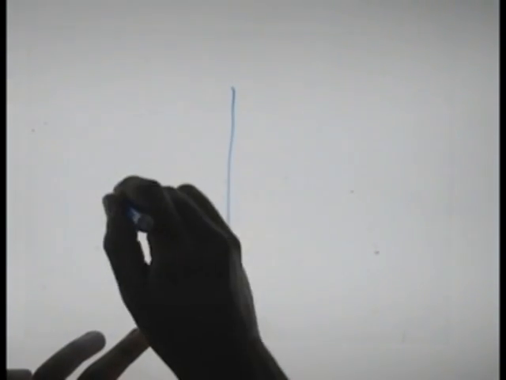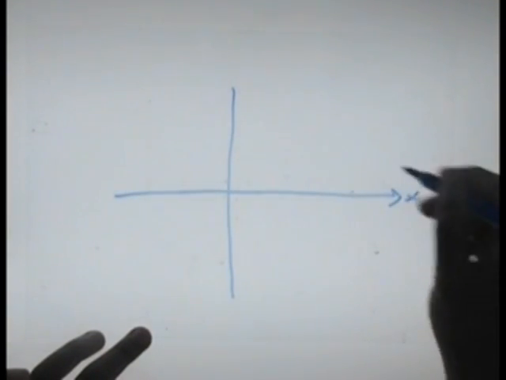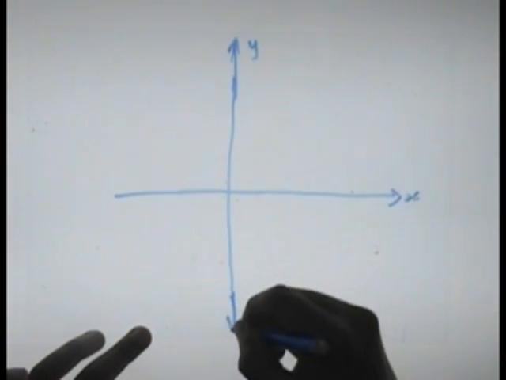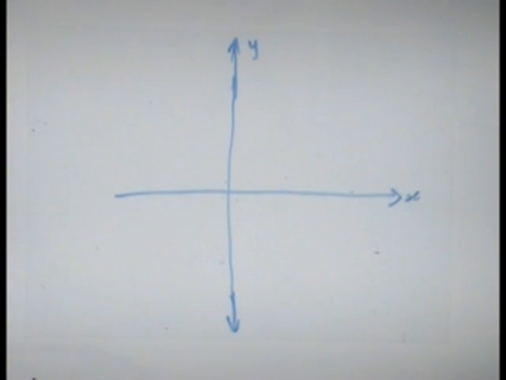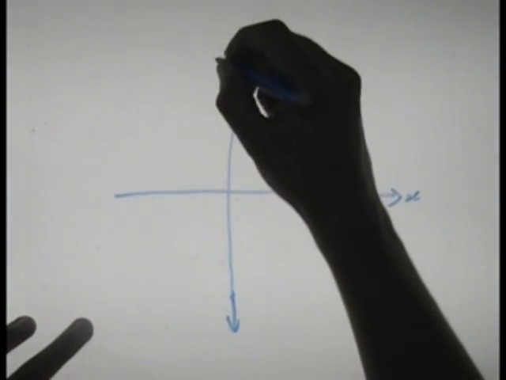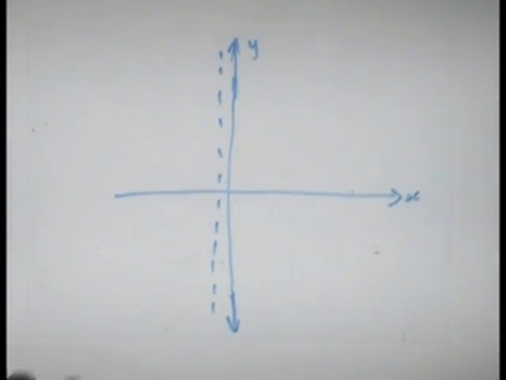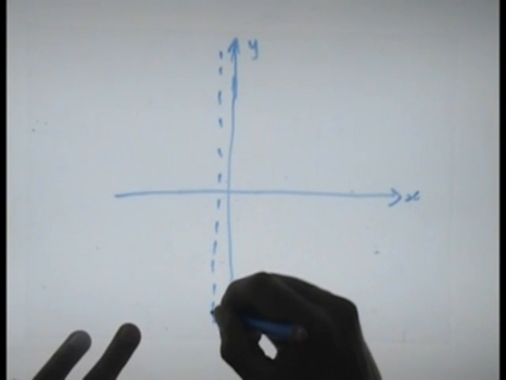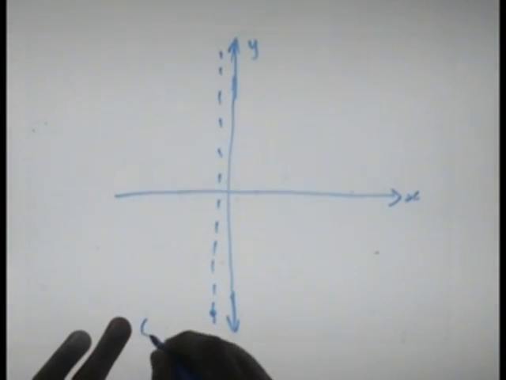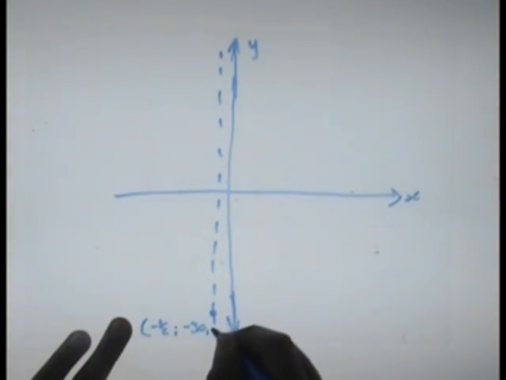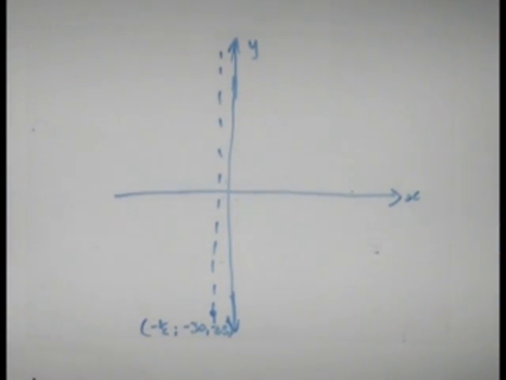Again, I'm going to start off by drawing my x-axis, and let's extend the y-axis a little bit. My axis of symmetry happens at x is equal to negative 1 over 2, which is somewhere over there. Y value of negative 30.25, so let's put that in over there. Means my turning point is negative 1 over 2 and negative 30.25.